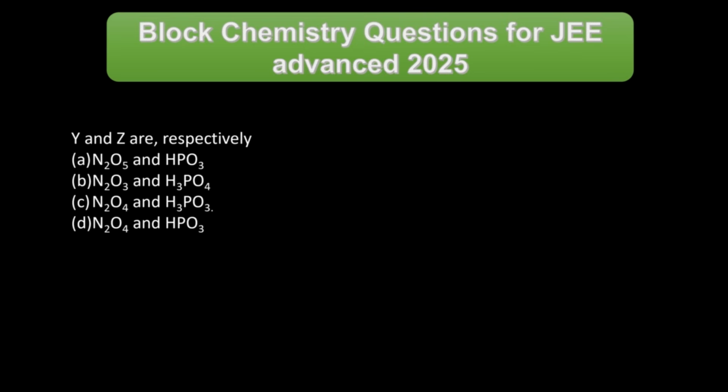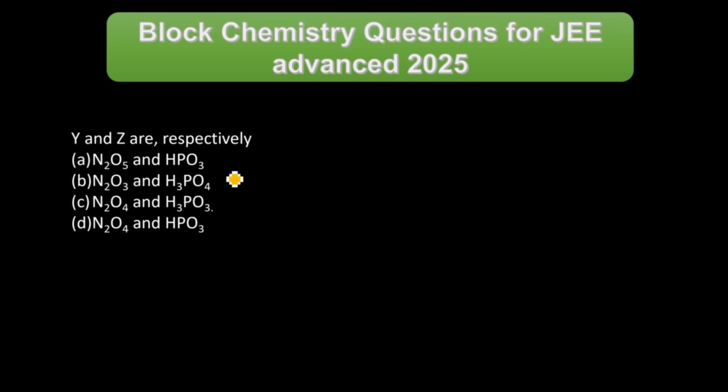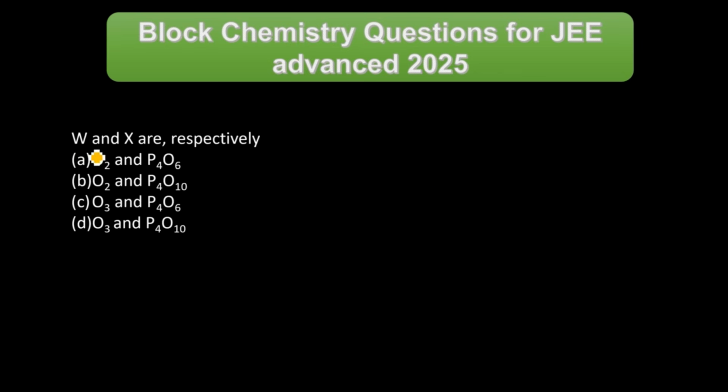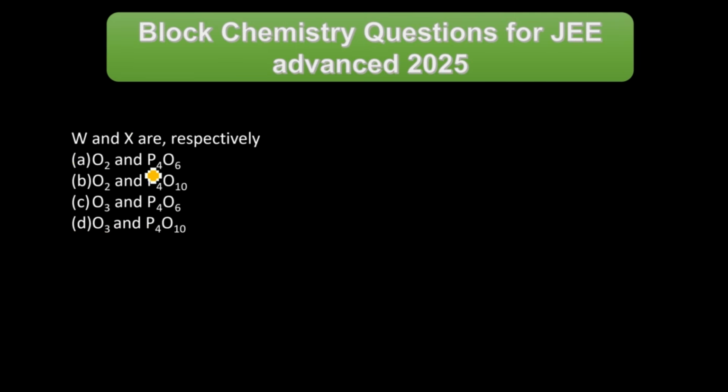Y and Z are respectively N2O5 and HPO3. So I can omit this option, and obviously A becomes the right answer. W and X are respectively O2 and P4O10. Okay. Option B is right.